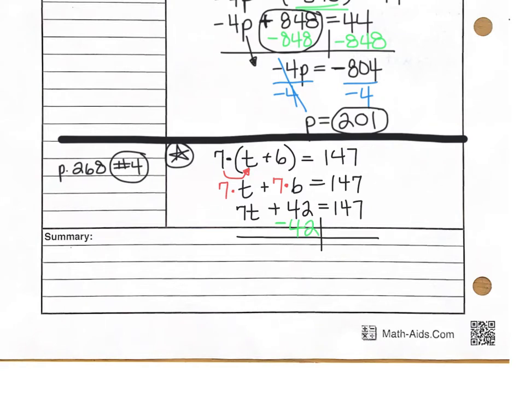Let's take away the $42 that the family spent on those souvenirs. Once we take away those souvenir costs, we know that the family only spent $105 on the 7 tickets.